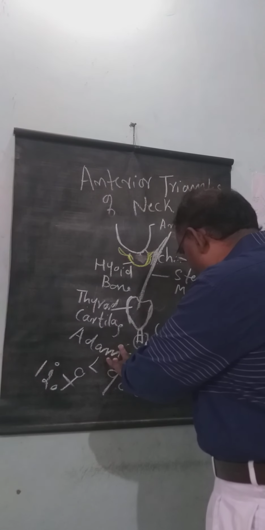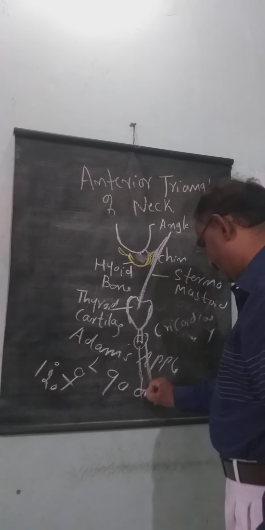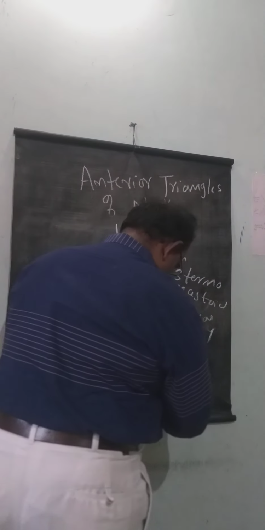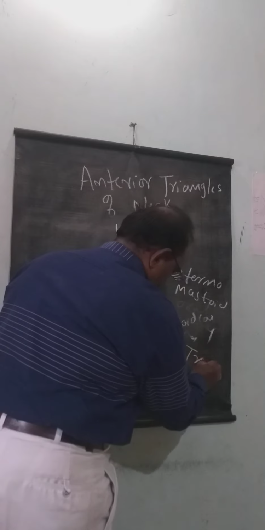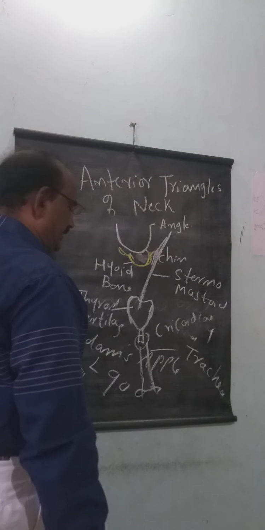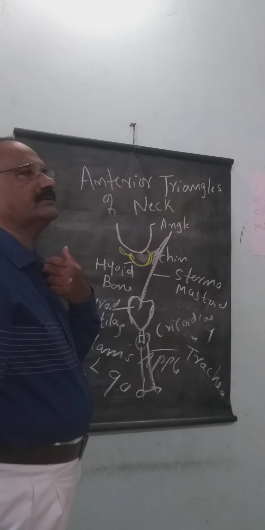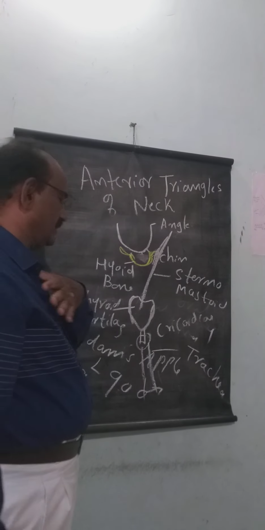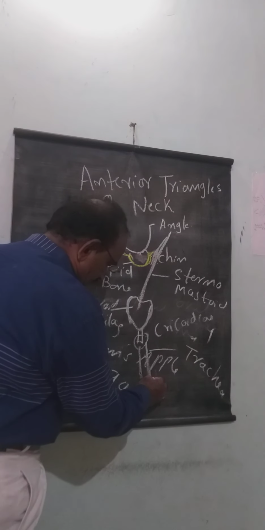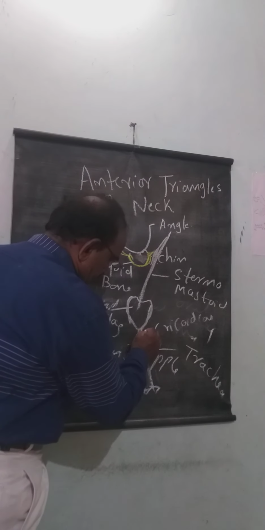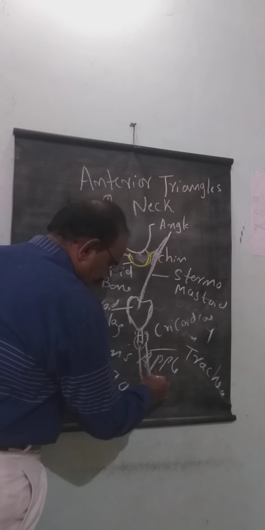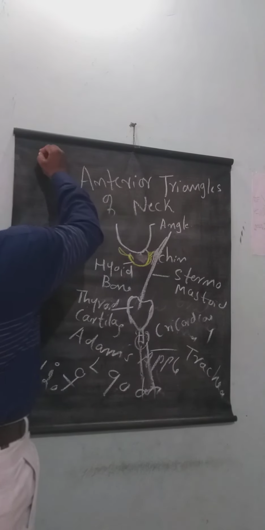From the cricoid cartilage, the trachea starts, and the trachea can be easily felt in the suprasternal notch.